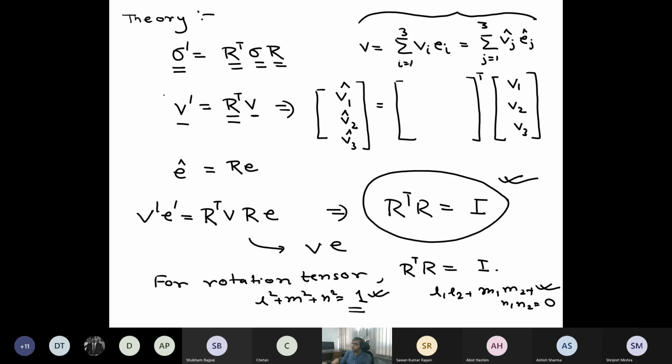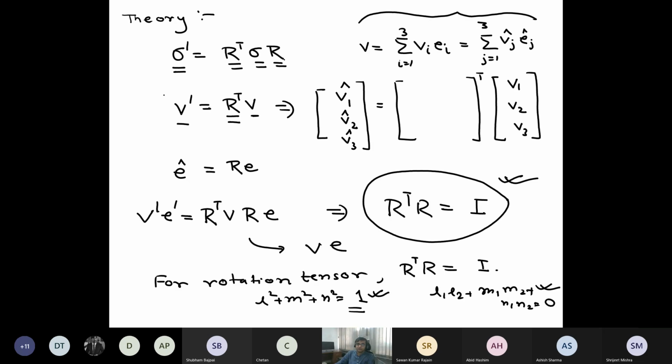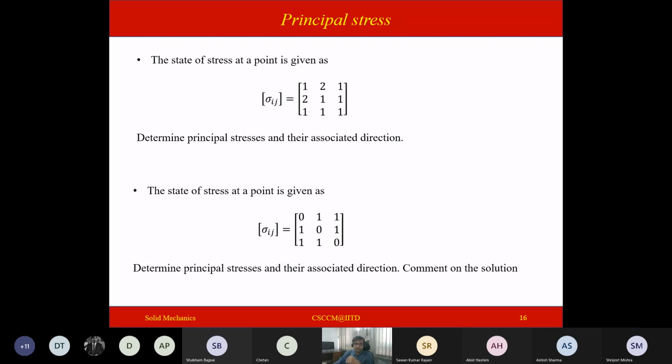OK, so now let us move to the next problem. This was a small theory that I wanted to talk about. Now let us move to another problem, which is this one.